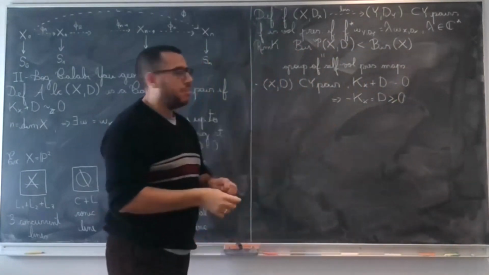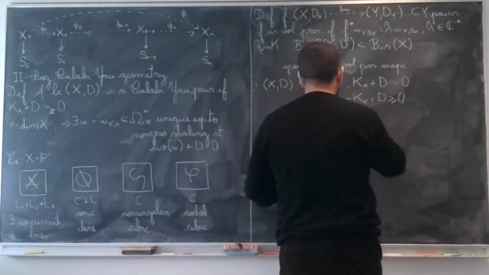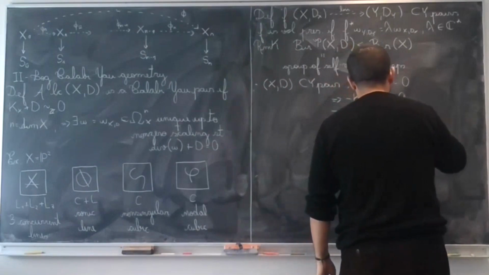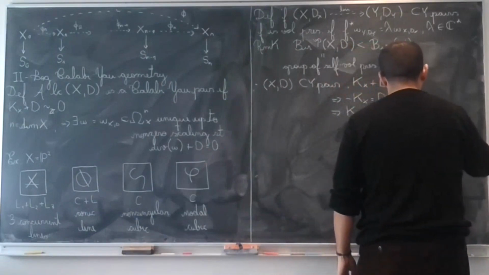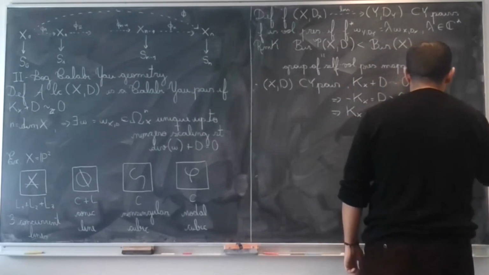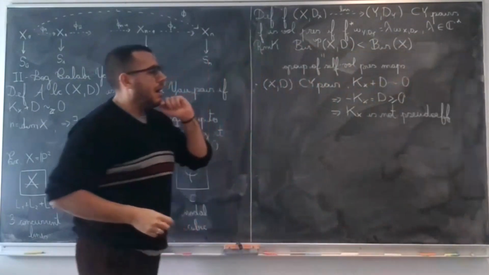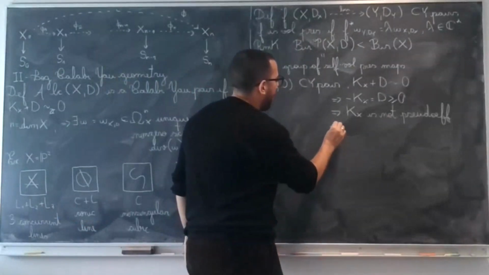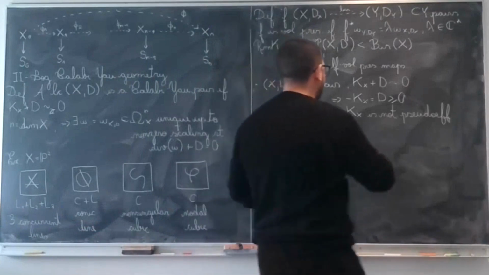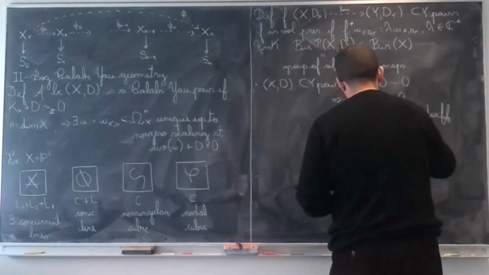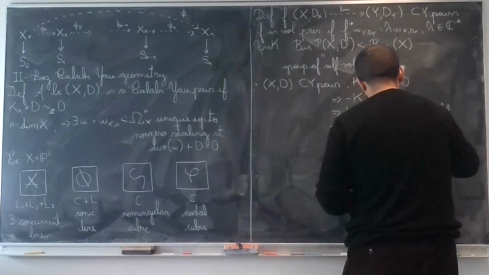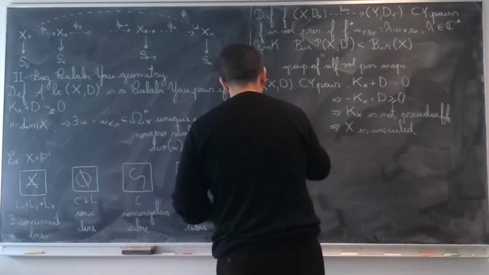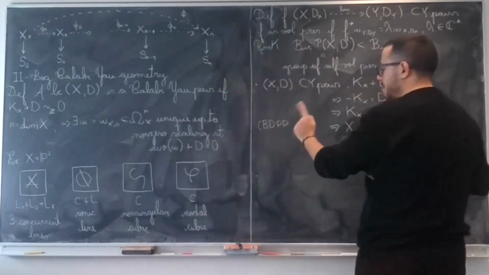So from this condition, we can deduce that the canonical class of our ambient variety is not pseudo-effective. And by a theorem of Boucksom, Demailly, Paun, and Peternell, this implies that the ambient variety is uniruled. This is the BDPP theorem, Boucksom, Demailly, Paun, and Peternell.